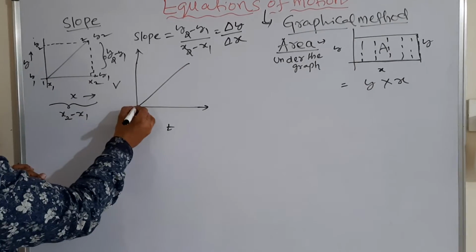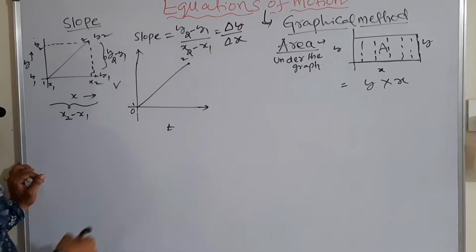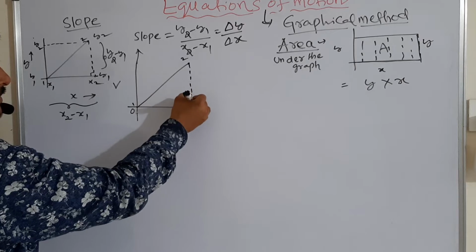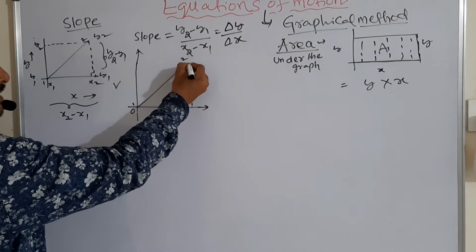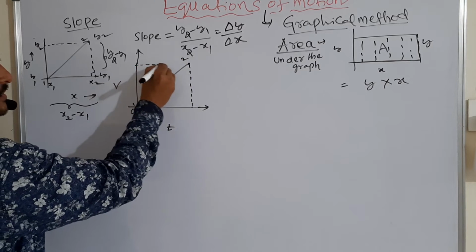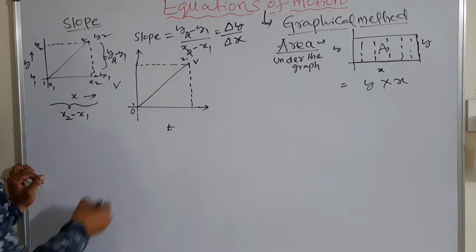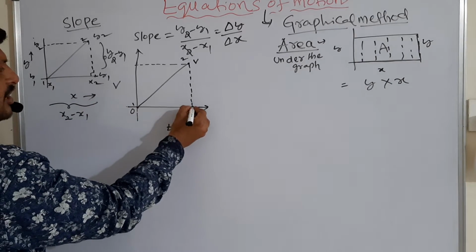Then what I said, fix 2 points. This is 1, this is 2. Next, draw a perpendicular line to x-axis. Next, at point 2, what is the value of y-axis? Suppose here value is velocity v. At point 1, what is the value of y-axis? Suppose its value is 0.